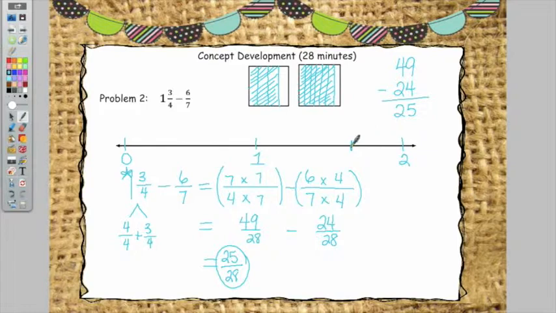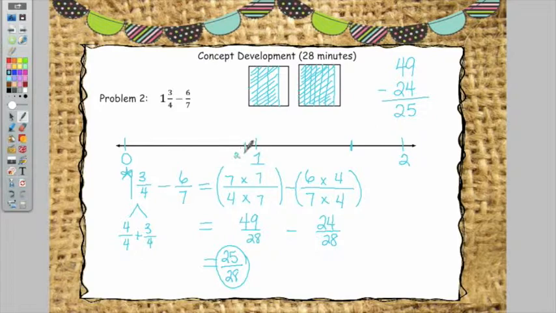Now the next step is, Dara, what do you think the next step is? Your answer, 25/28. How am I going to eyeball that? Well, I'm going to think about 28/28, right? That's one whole. So, pretty close. Okay.